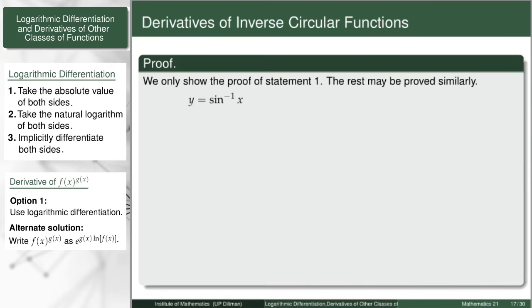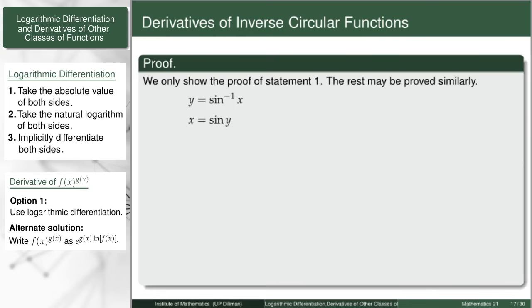Now, for example, I have y equal to sine inverse x, and I want to find dy over dx. Since I do not know the derivative of sine inverse, what I'll do is I'll use the property that if y is equal to sine inverse x, then sine y is equal to x. And this is good because I know the derivative of the sine function.